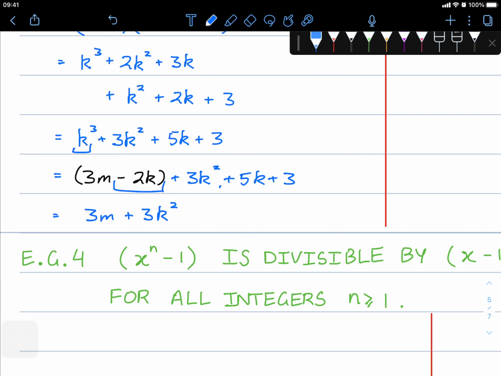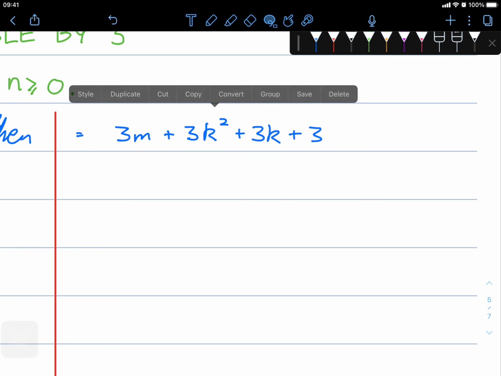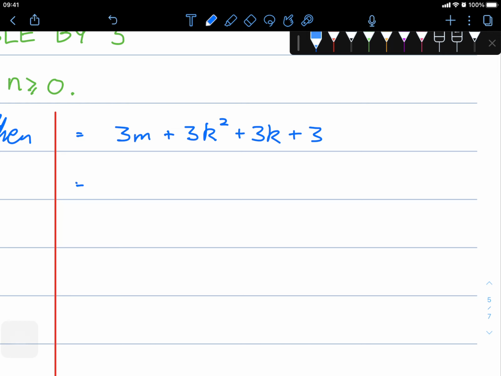The like terms of the k values, plus 3k plus 3. Now, since all of them have a factor of 3, I'm going to copy this out and let's move back up to the top of the page. They all have a factor of 3. We can factor that out to give us 3 outside of (m plus k squared plus k plus 3).